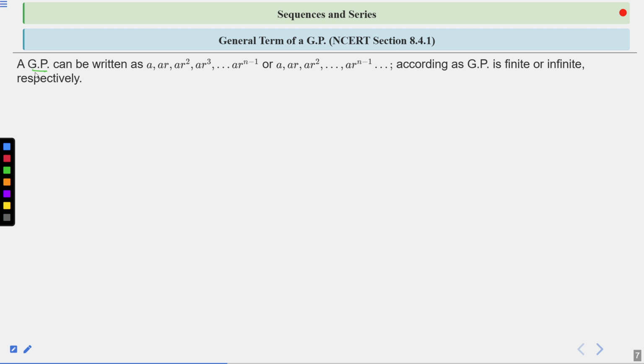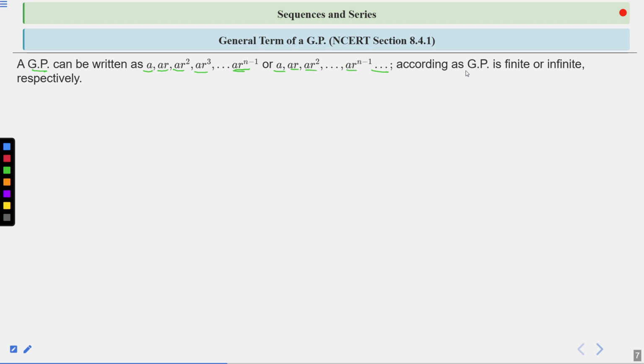Now, a GP can be written as A first term, AR second term, AR square third term, AR cube fourth term, AR raised to n minus 1 nth term. Yes. Now, here you are having n terms, and these three dots represent that the terms are going on.